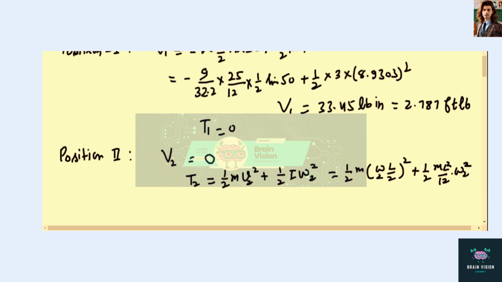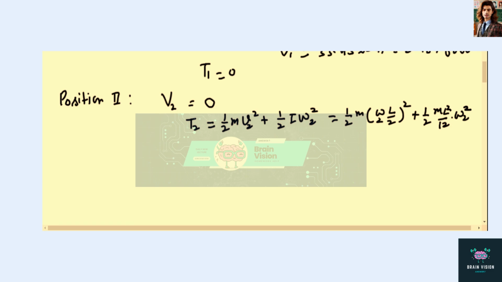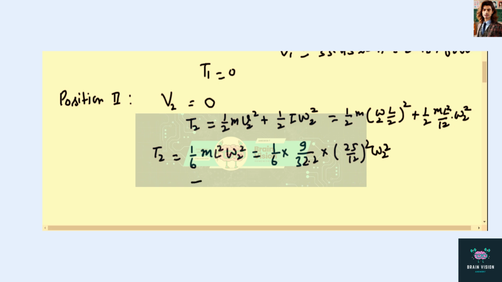Calculating this value, it can be written as 1 by 6 m L square omega 2 square. Substituting the mass, 9 upon 32.2, length is 25 inch, so final kinetic energy of the system.